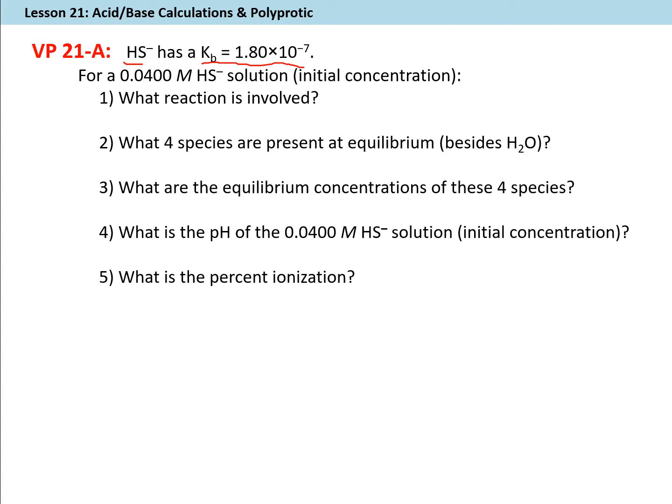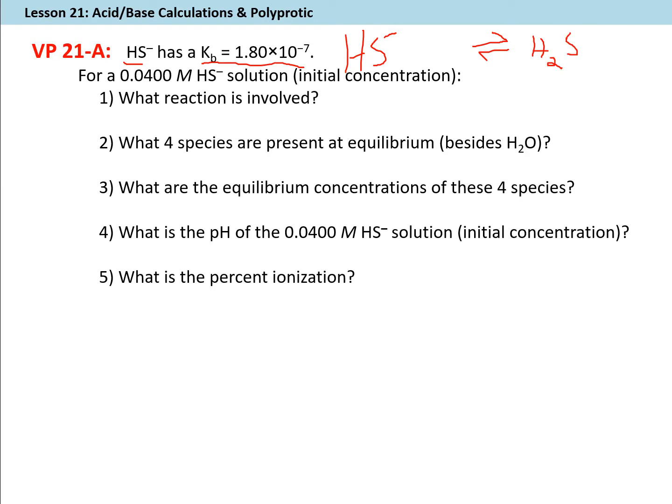The first one is, what's the reaction involved? This is important for all problems involving equilibrium, also stoichiometry and all that. So what's the reaction? Well, we have HS minus, and we're told that it's a base. What do bases do? They accept H plus. So if I have HS minus and it gains an H, that'll make it H2S.